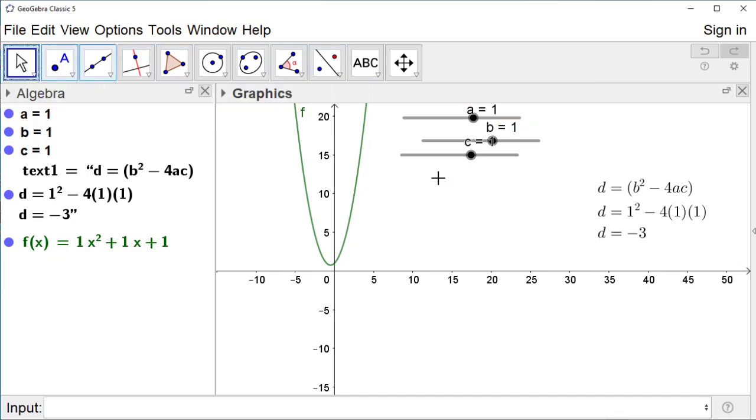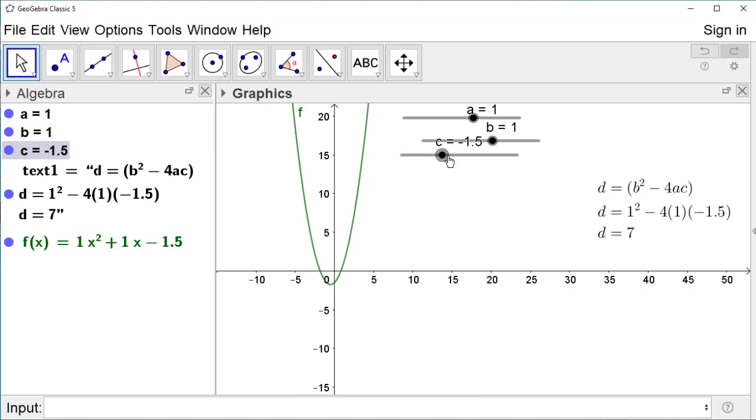Now let's change some values. Let's make c a little lower. What if c is negative 1.5? Well, now my discriminant has a value of 7, and you can see my quadratic has two roots.